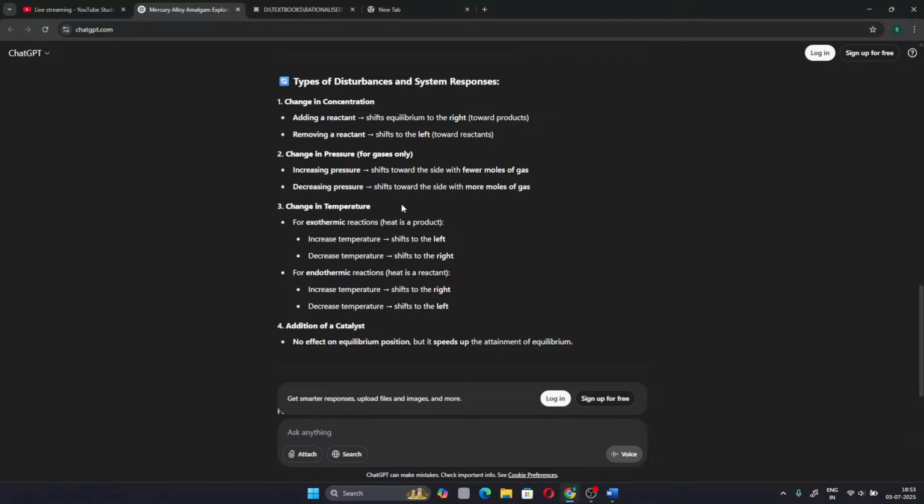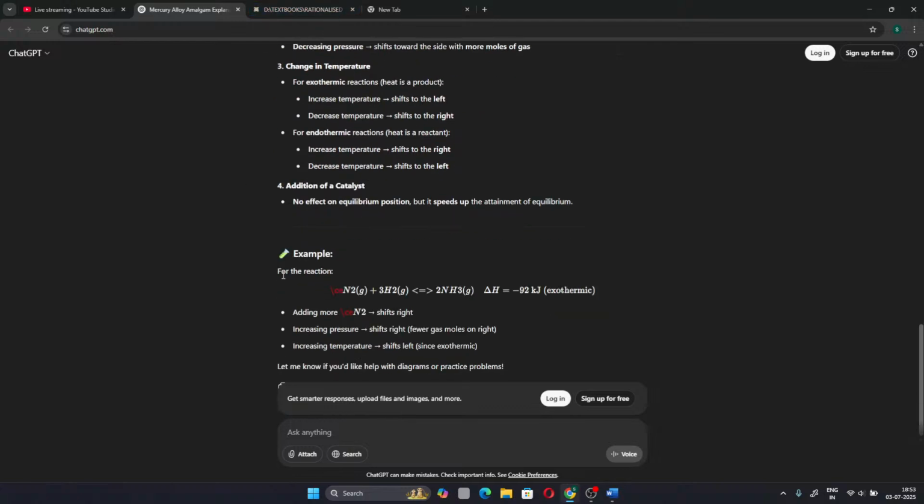For endothermic reactions, heat is a reactant, meaning heat is required because it needs energy. In such a reaction, for the forward reaction, high temperature is favorable. When we decrease the temperature, it will shift towards the backward reaction.